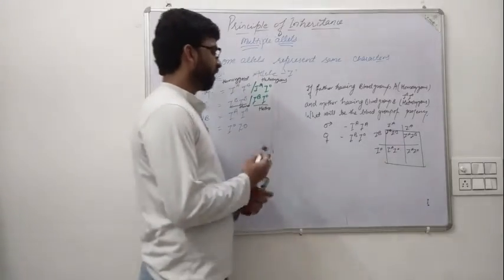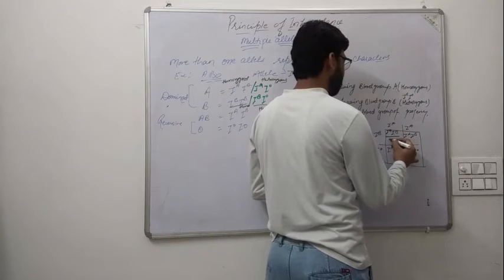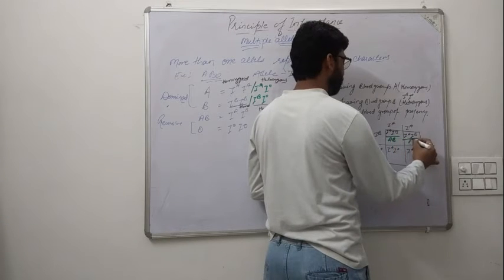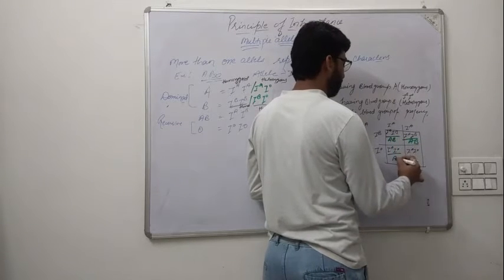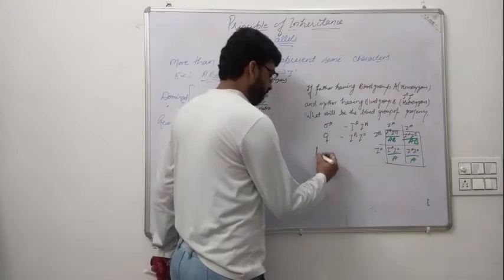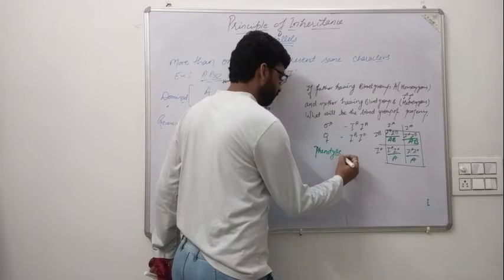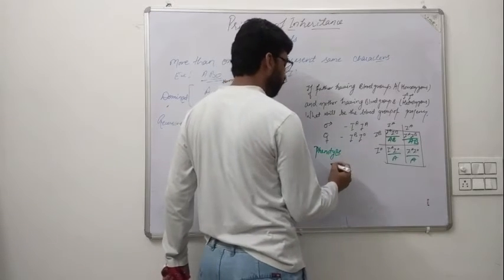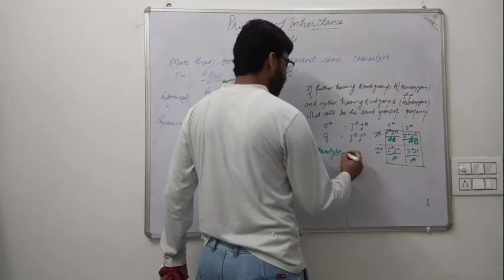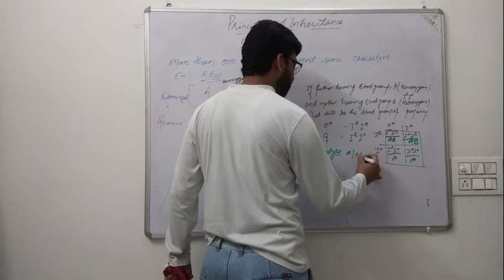So we observe blood group AB, blood group AB, blood group A, blood group A. For phenotype, the progeny have blood group either A or AB.